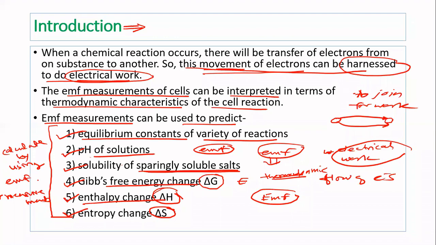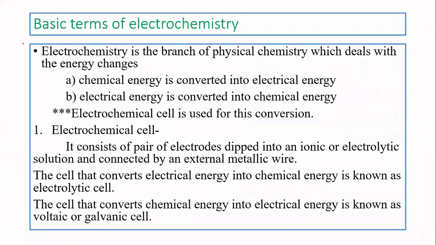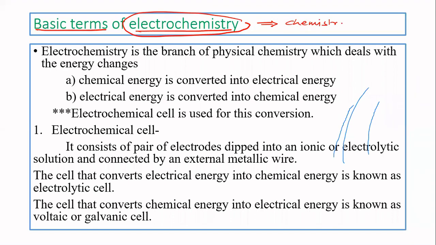Okay, so this is some introductory point. We'll go to the next slide. Now, after the introduction, we will discuss some basic terms of electrochemistry. The word electrochemistry generally gives us information about the chemistry of electricity.